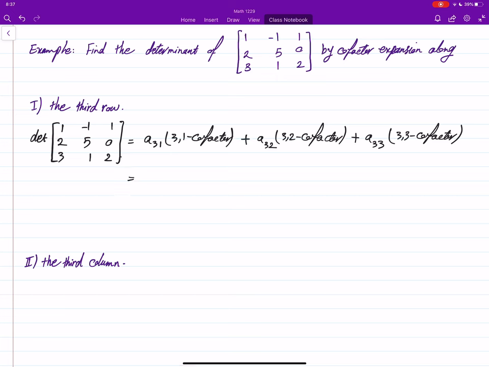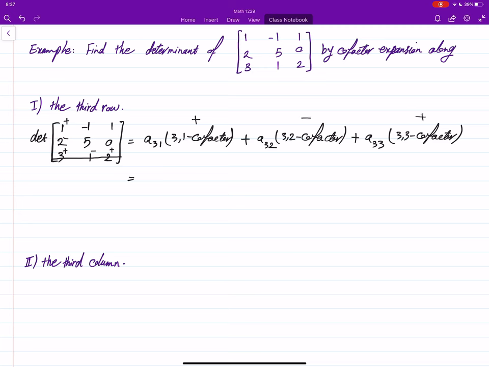In this case, what we need to know is the cofactor signs. Always start with plus for the top left entry, the 1, 1 entry, then alternate when you pass to the next entry. So the 3, 1 cofactor is going to have that plus, and then this is minus, this is plus.